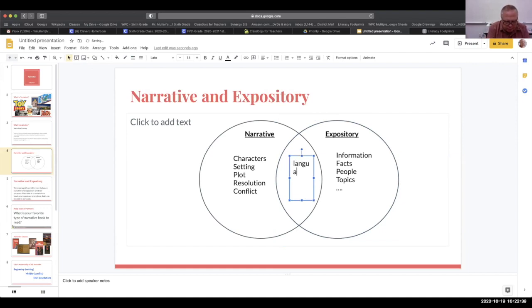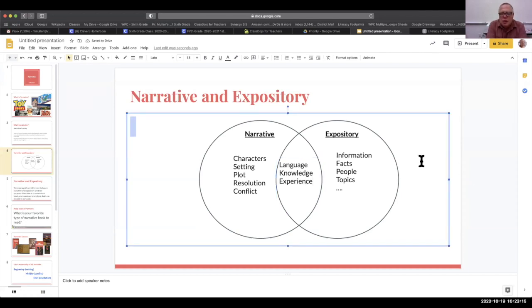Language, knowledge, right? Because we always have knowledge that we're building upon when we do these. Experience.